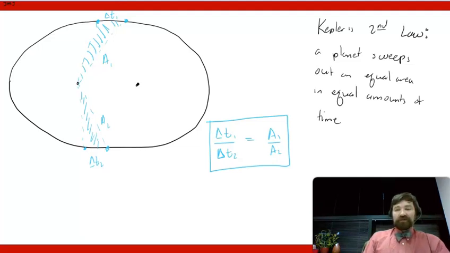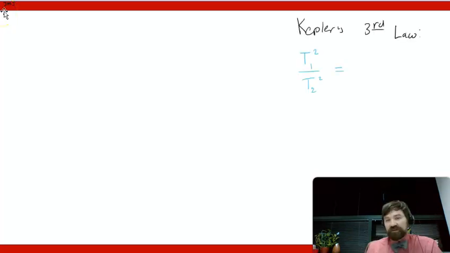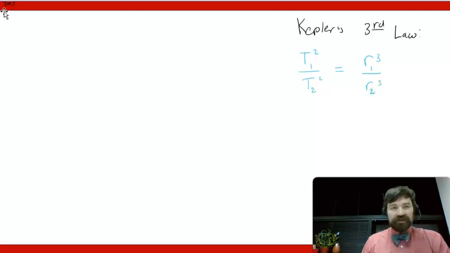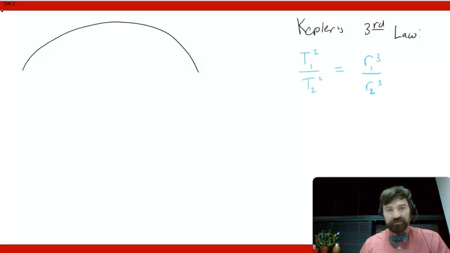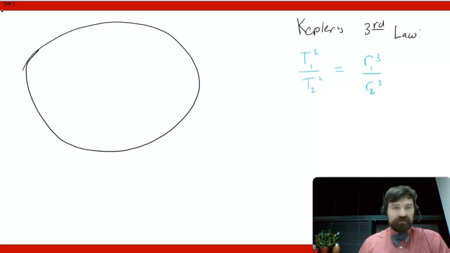Kepler's third law is the one that we actually use the most for solving problems, especially in algebra-based and even conceptual-based physics classes. Kepler's third law says that the period squared of the orbit is proportional to the average radius cubed of the orbit. So again, if I have my orbit like this, and I've got my sun over here, and I've got my other focal point over here, my average radius is basically like this.